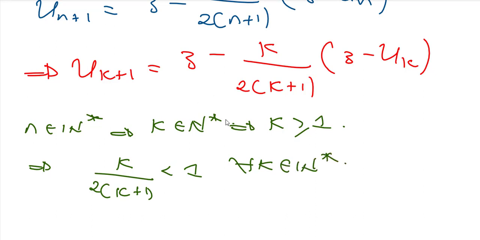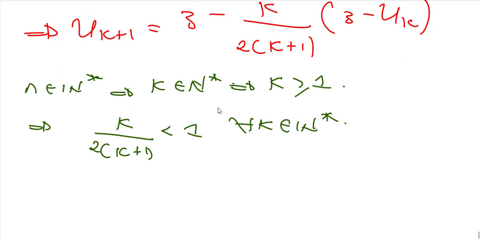And from my induction hypothesis, uk is less than 3, so the difference 3 minus uk will always be something less than 3. Since something less than 3 multiplied by anything less than 1 is still less than 3, then 3 minus this product should definitely be less than 3.